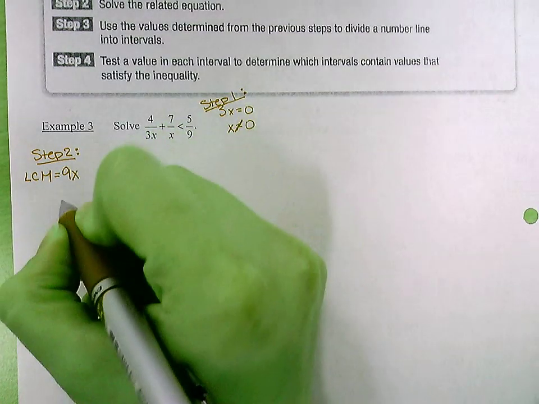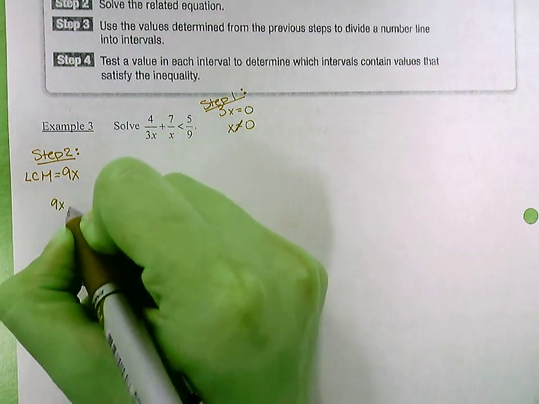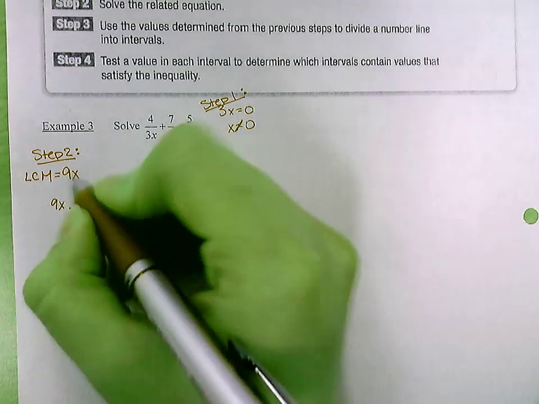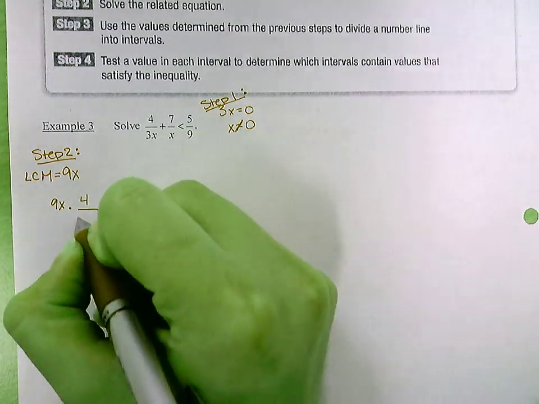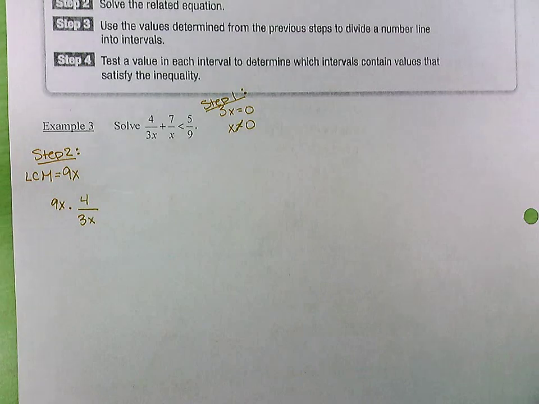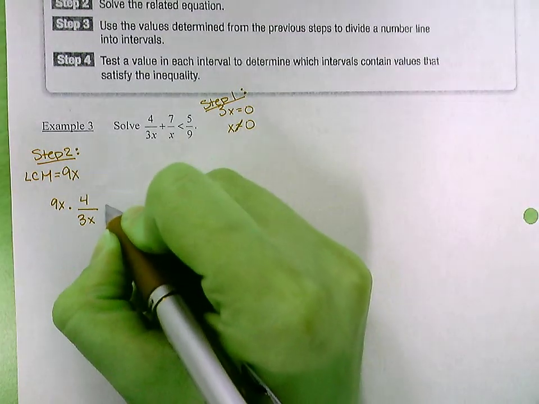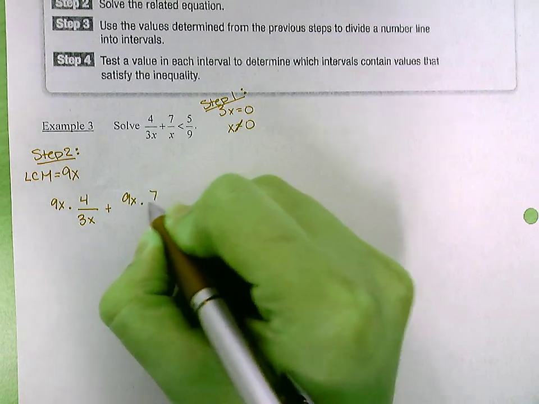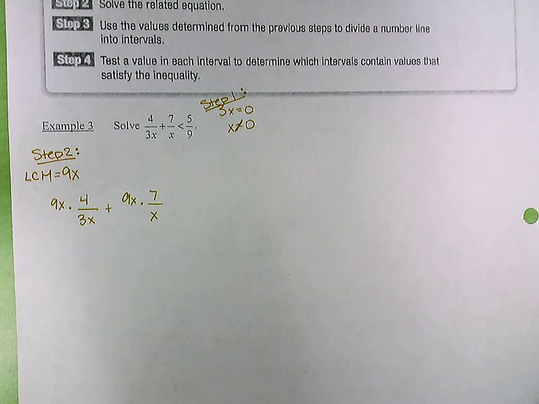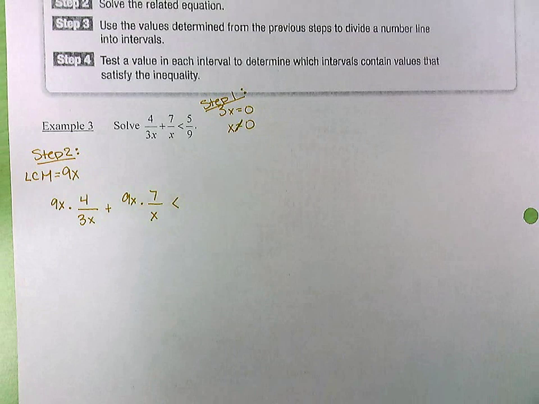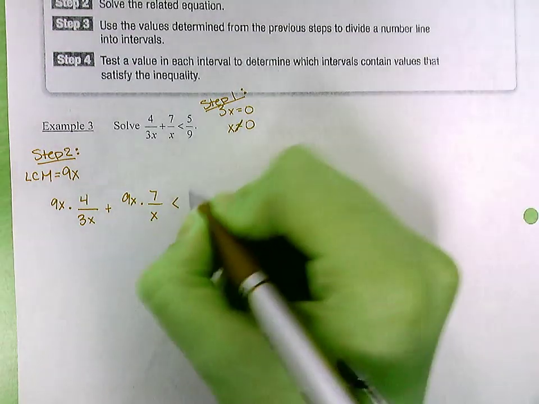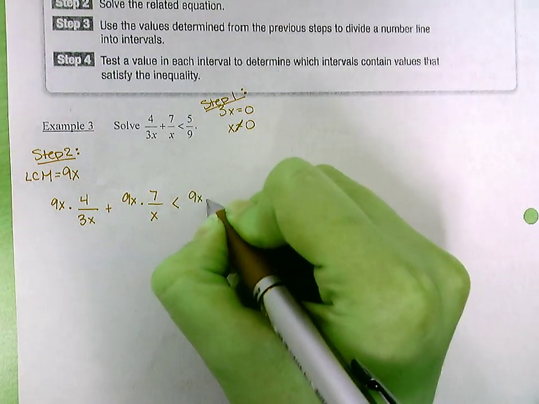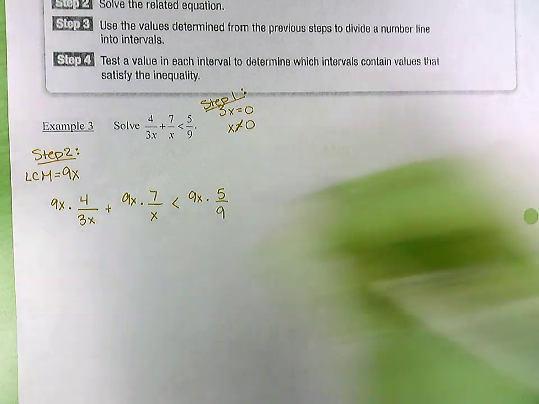Okay, so we're going to take 9x times 4 over 3x plus 9x times 7 over x. I'm going to keep that less than sign. Then I have 9x times 5 over 9.